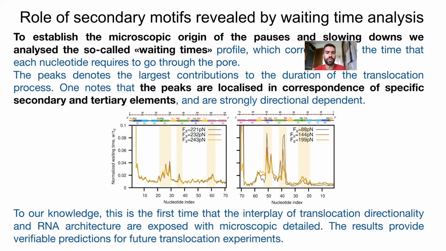And one can note that the peaks are localized in correspondence of specific secondary and tertiary elements. So, for instance, this time here is spent to unzip the P3 helices, and these two peaks here correspond, for instance, to some pseudoknot, the pseudoknot 5, or to the helices P3.